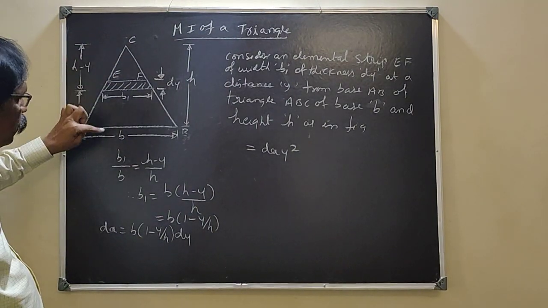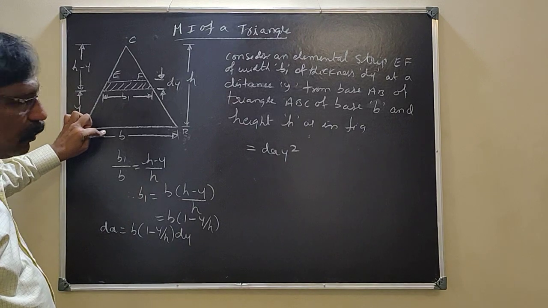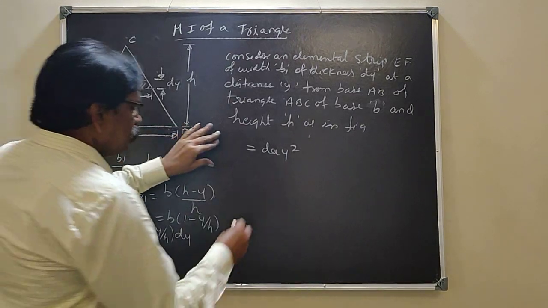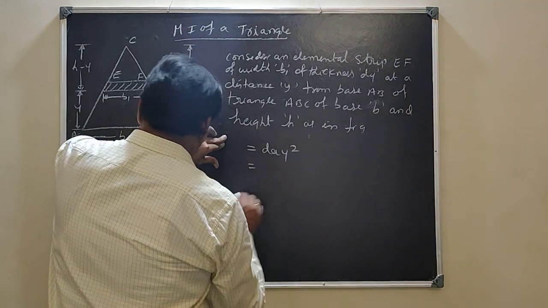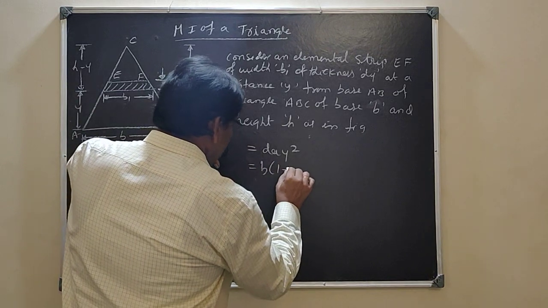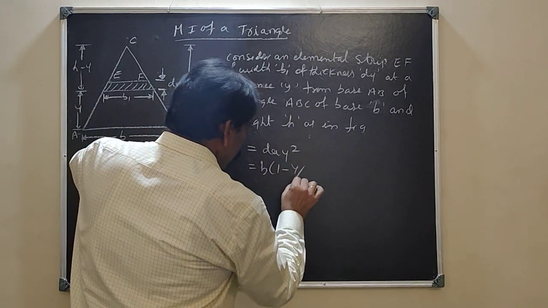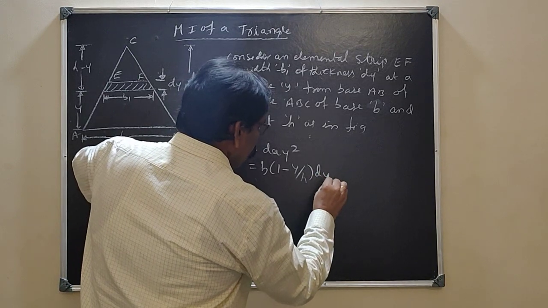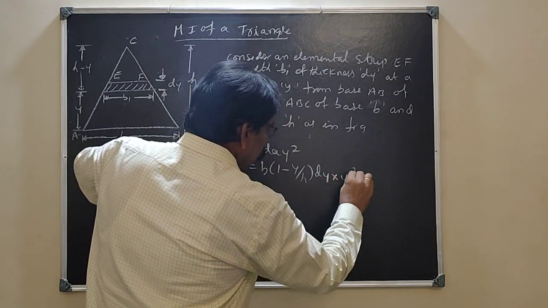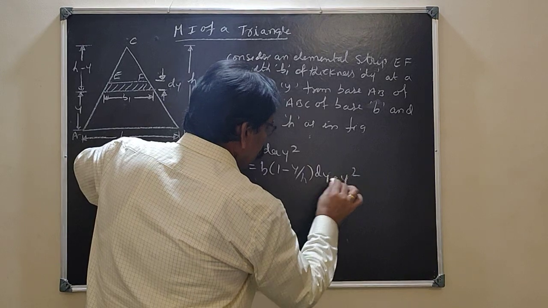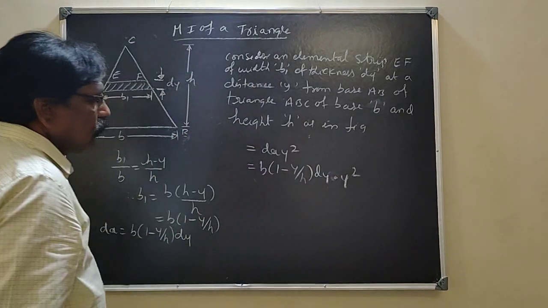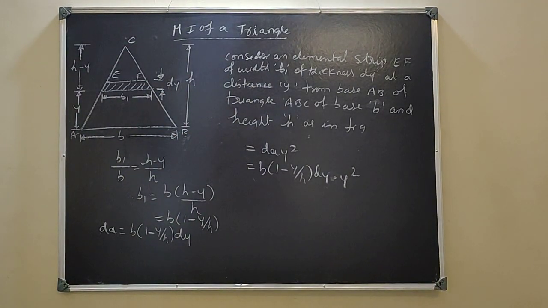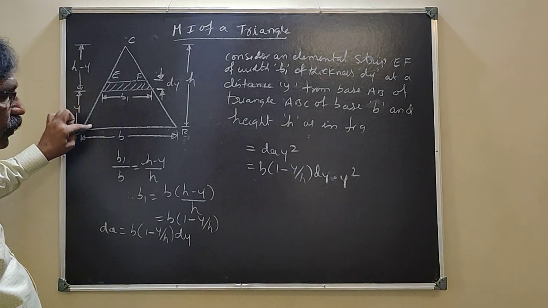So that is equal to B into 1 minus y by h into dy into y square. This will be the moment of this elemental strip about the base.